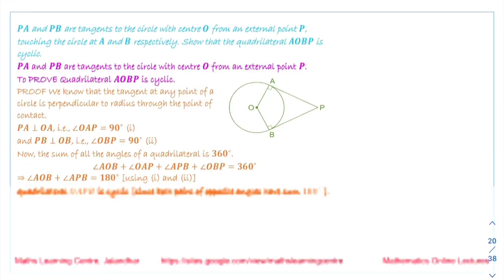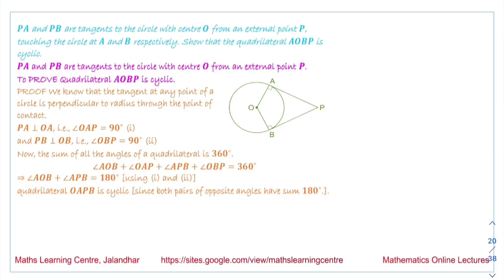The next question we have is PA and PB are tangents to the circle with the center O. So these are the two tangents from the point P given to us, and the center of the circle is given to be O. We have to show that the quadrilateral AOBP is a cyclic quadrilateral. We know that the angles formed at A and B are both 90 degrees.